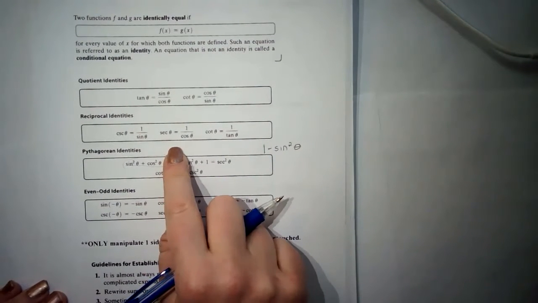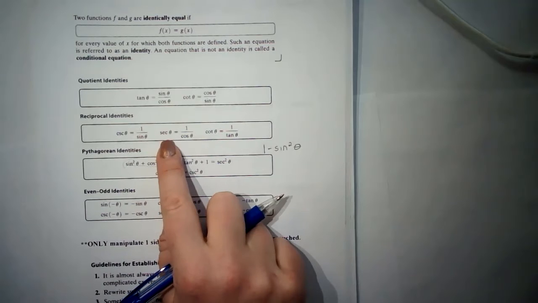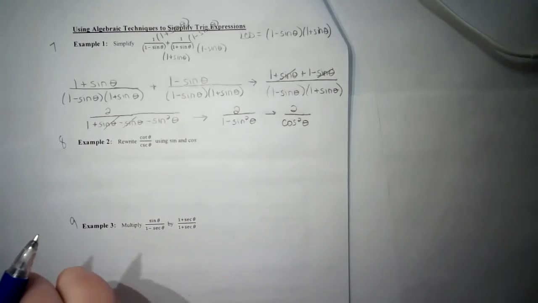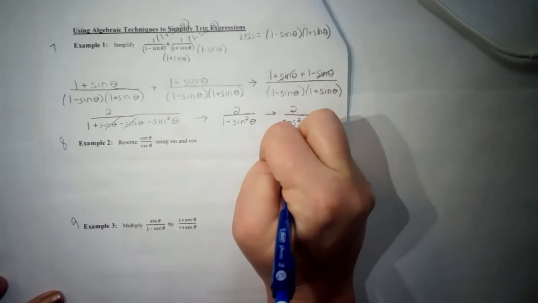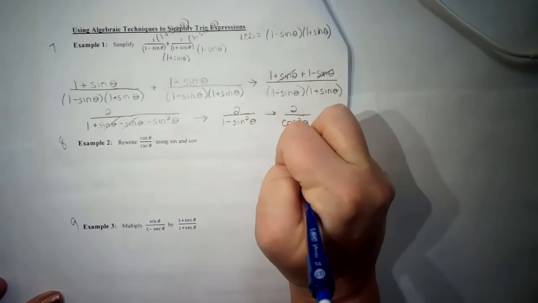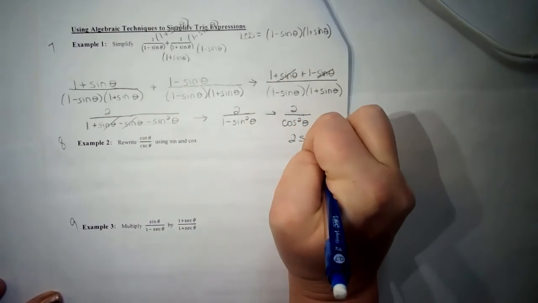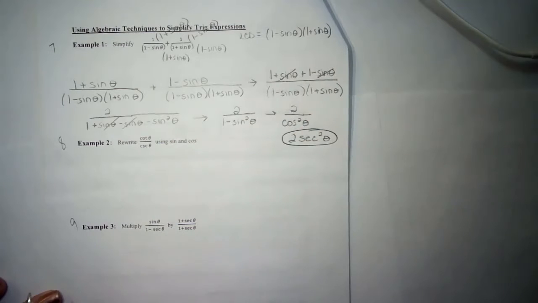Secant, right? That has a cosine in the denominator. Now I have cosine squared in the bottom, so that would be secant squared. So what I can do is make this 2 secant squared theta.